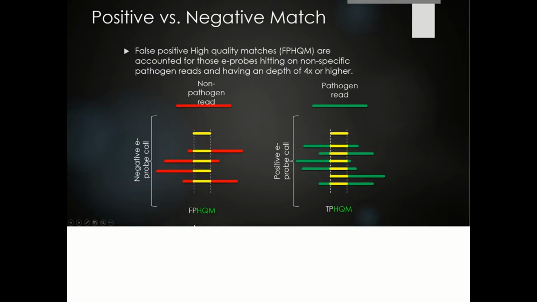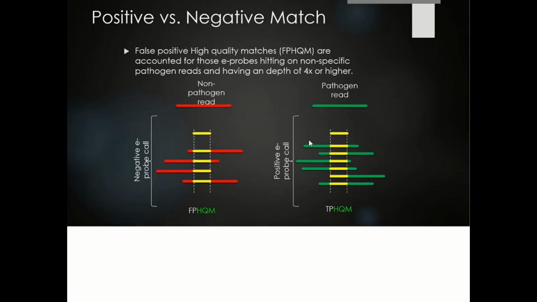I call these false positive high quality matches. And these are true positive high quality matches, which are hitting on the true pathogen DNA. All this alignment is done with the scoring I already mentioned in the previous slide. So we can compare these two and make a call for positive or negative.